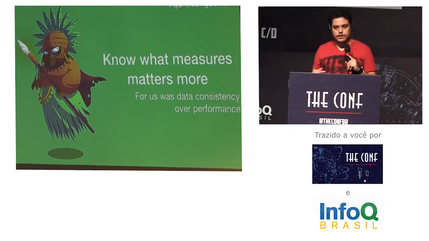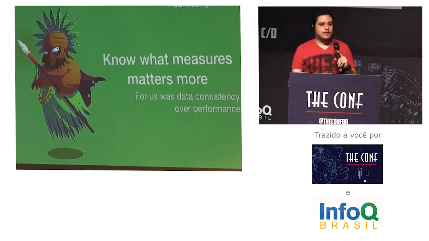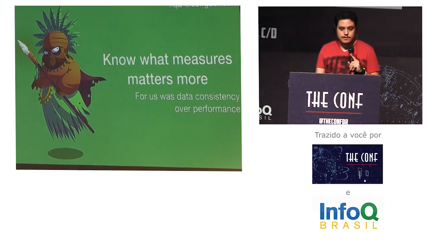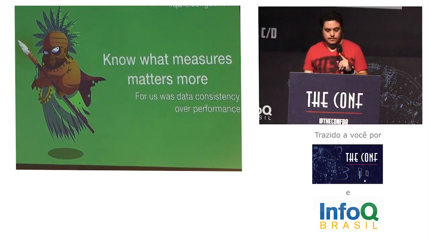But for us, it was not a problem because overall it would be a similar time to fetch the data necessary. But for us, the most important thing was data consistency.